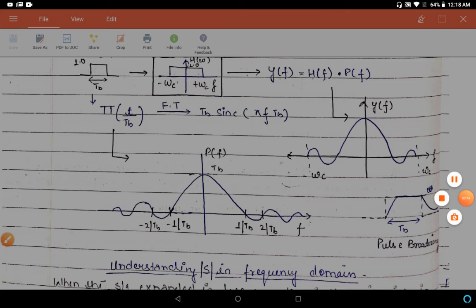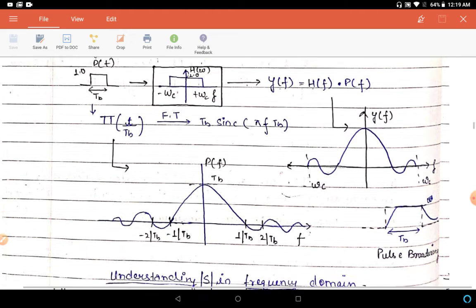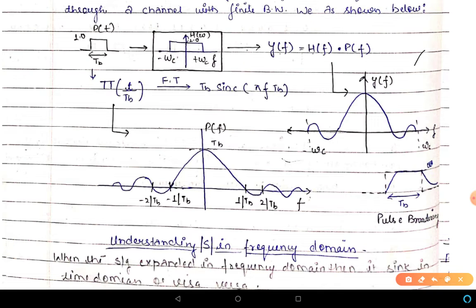So how will this affect it? As we can see, there is a rule in communication. Whenever there is a compression in the time domain, there is going to be an expansion in the frequency domain, and when there is an expansion in the frequency domain, there is going to be a compression in the time domain. In this case, as can be seen from the output, this pulse, which was band unlimited, is compressed in the frequency domain.